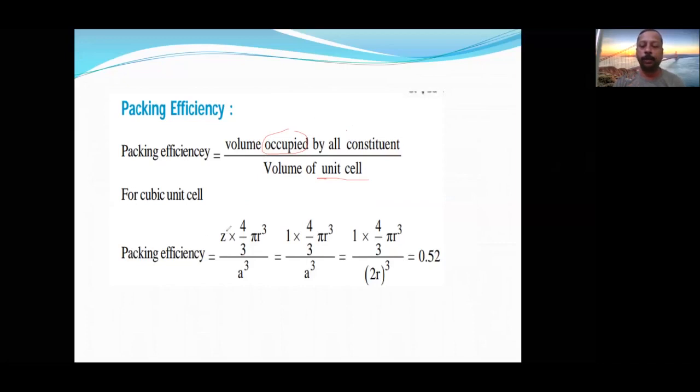Once you apply it on the formula, packing efficiency is equal to the number of lattice points per unit cell, times the volume of each lattice point, divided by the available volume. For example, for simple cubic unit cell, Z is going to be 1, and a is equal to 2R.